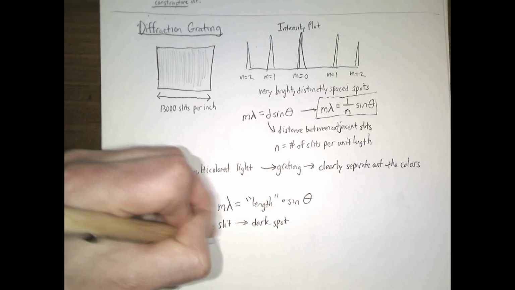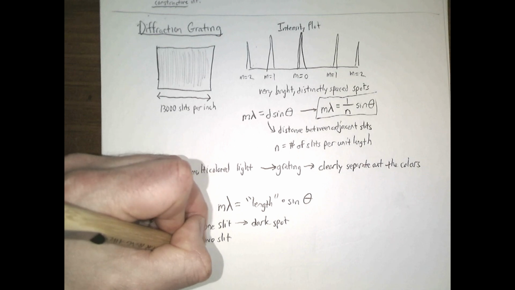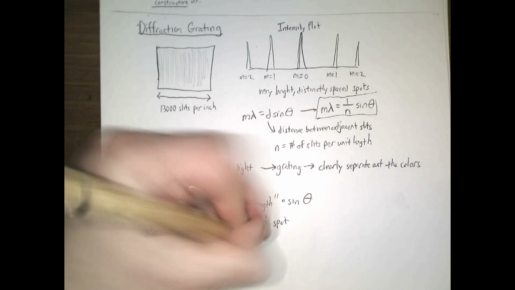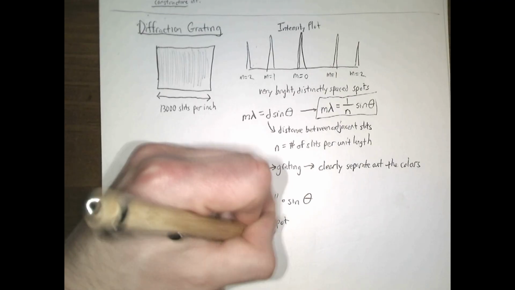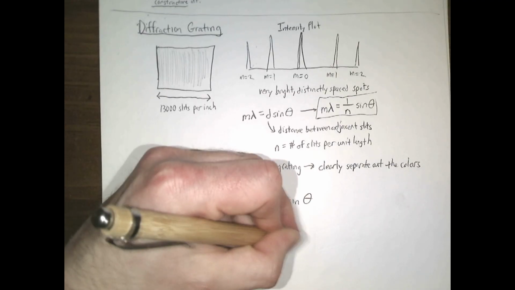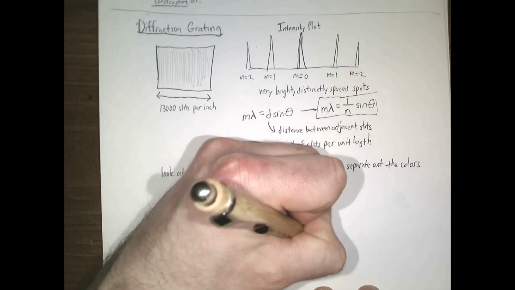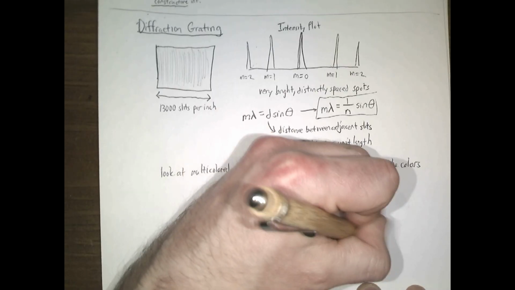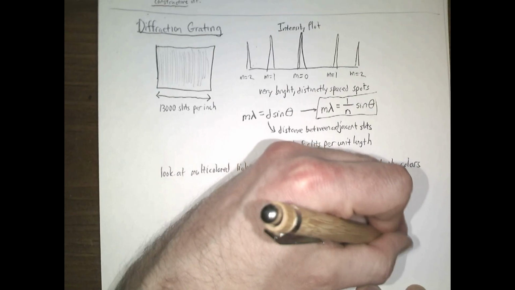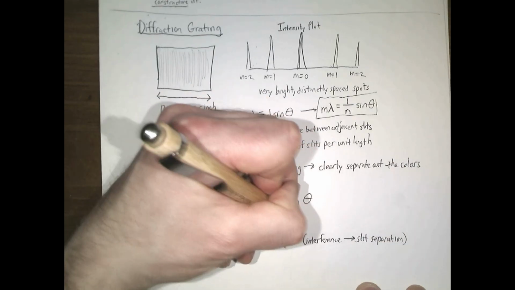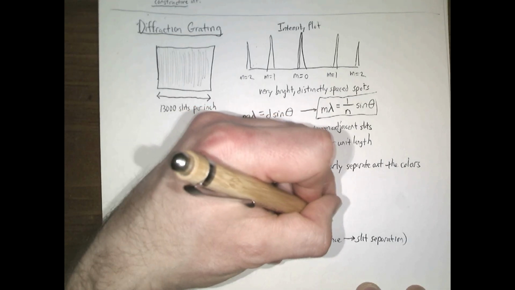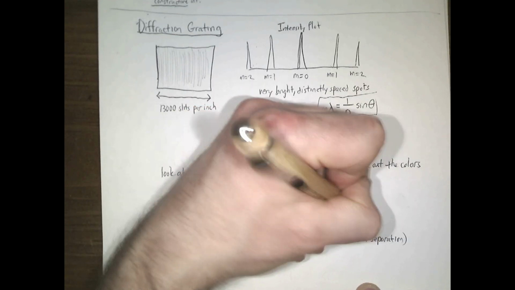For 2 slits or many, you're looking at the bright spots. Here, the bright spots, we're saying they come from interference, which is based off slit separation. The dark spot is based off diffraction, which is based off slit size.